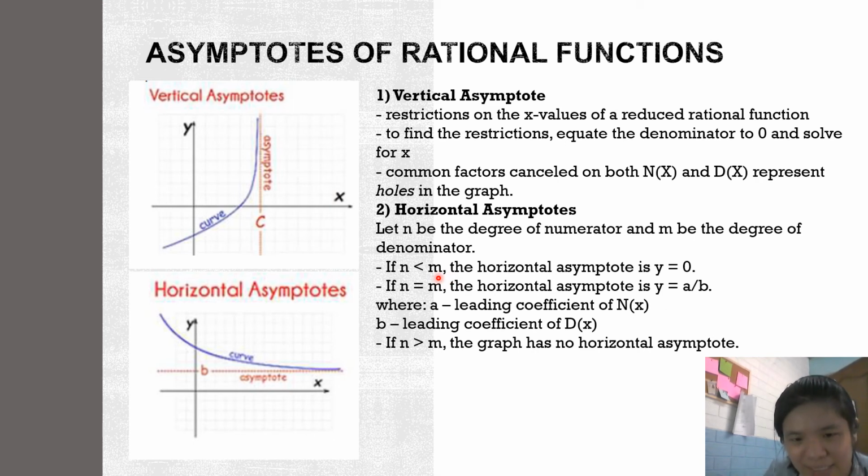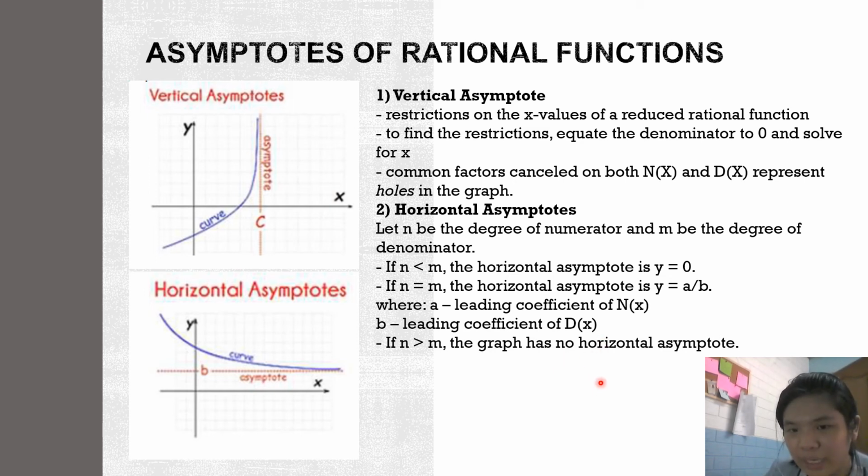If n is less than m, meaning the degree of the denominator is greater than the degree of the numerator, the horizontal asymptote is y equals 0. Example, x over x cubed plus 9.